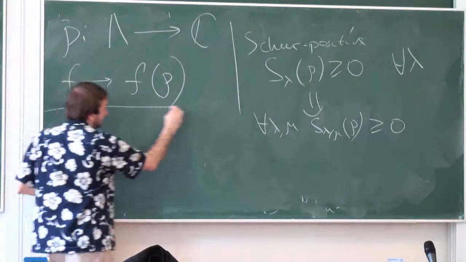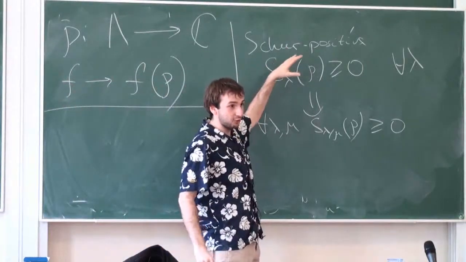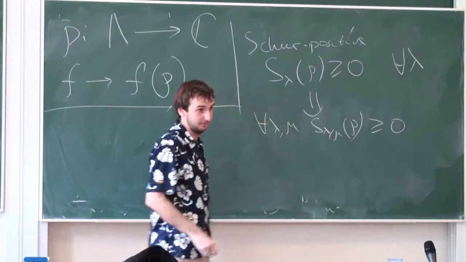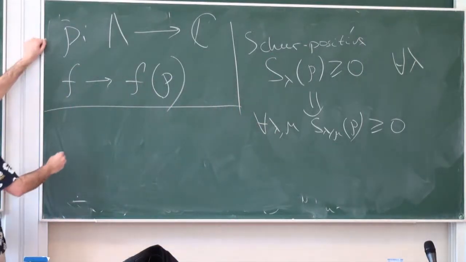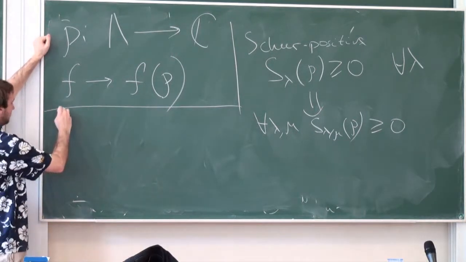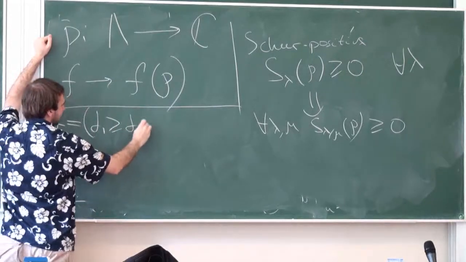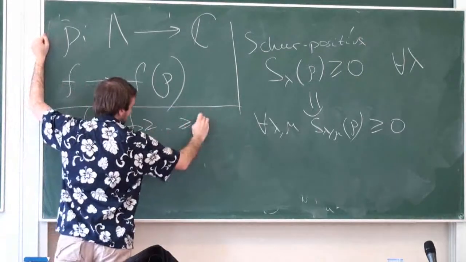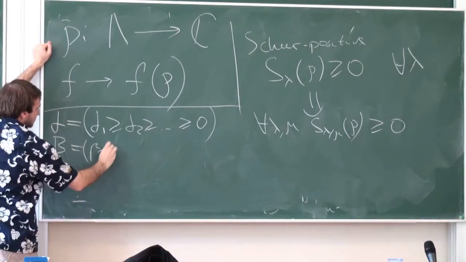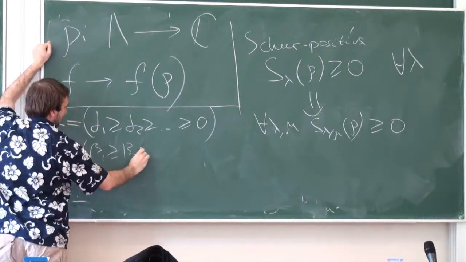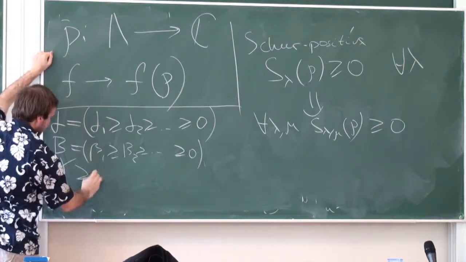Okay, now it turns out that there is a complete classification of all Schur positive specializations. It turns out that any such specialization is parameterized by two sequences of numbers. We have a sequence alpha, alpha 1 greater than alpha 2, greater than 0, so there are two decreasing sequences of numbers, alphas and betas, beta 1, beta 2, and an additional number gamma, which is also non-negative.